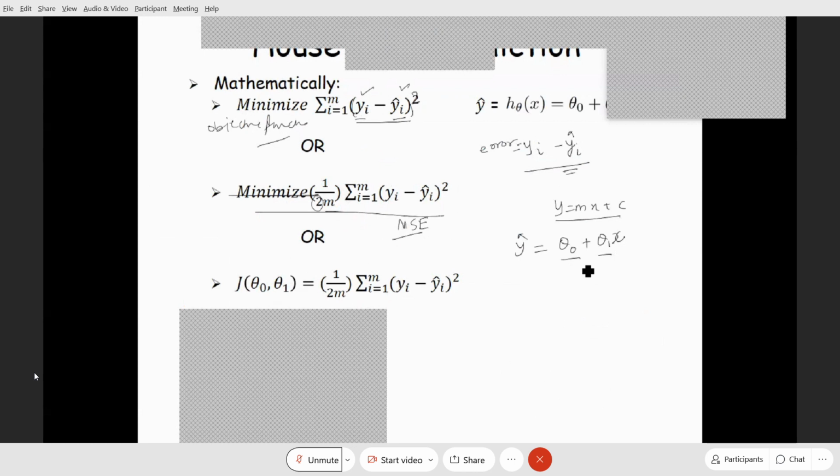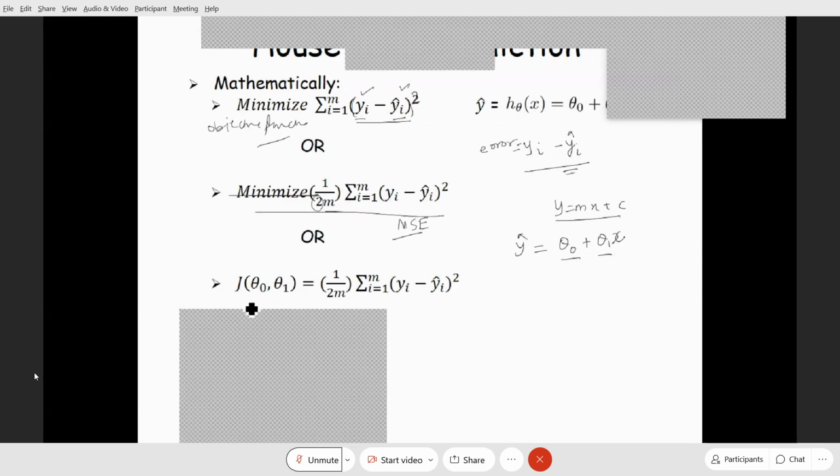So we are actually trying to find out what should be a good value of theta 0 and theta 1 such that your error is minimum. That is what is going to be our entire exercise focus. Am I clear?